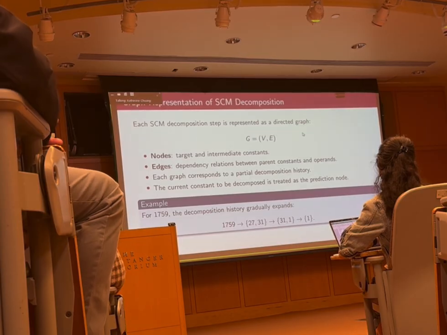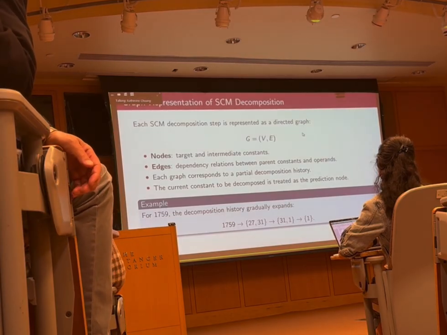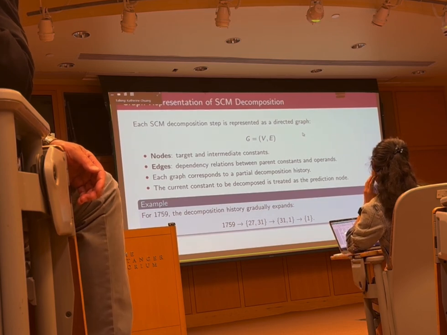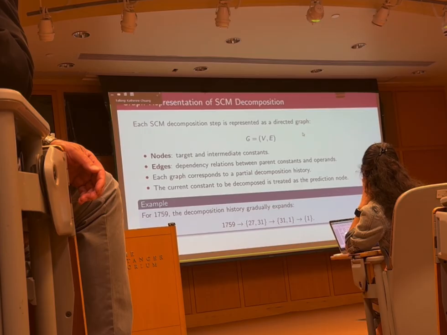And for our implementation details, we get the graph representations of the SCM decomposition in the following way. We assume that each decomposition step can be represented as a directed graph. We have the vertices and the edges there.